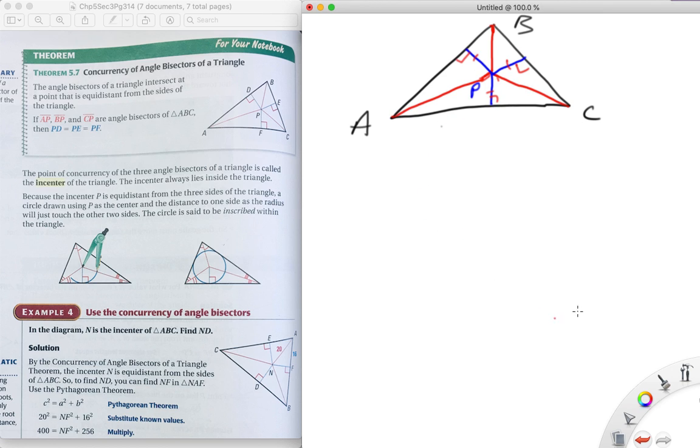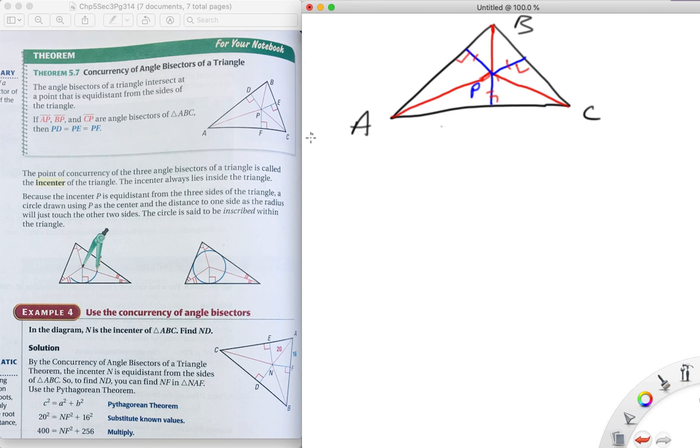So the concurrency of angle bisectors of a triangle says that the angle bisectors of a triangle intersect at a point that is equidistant from the sides of the triangle.